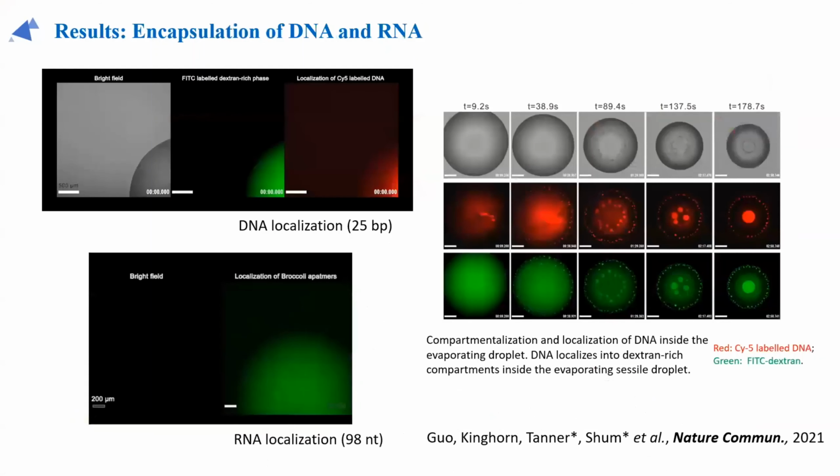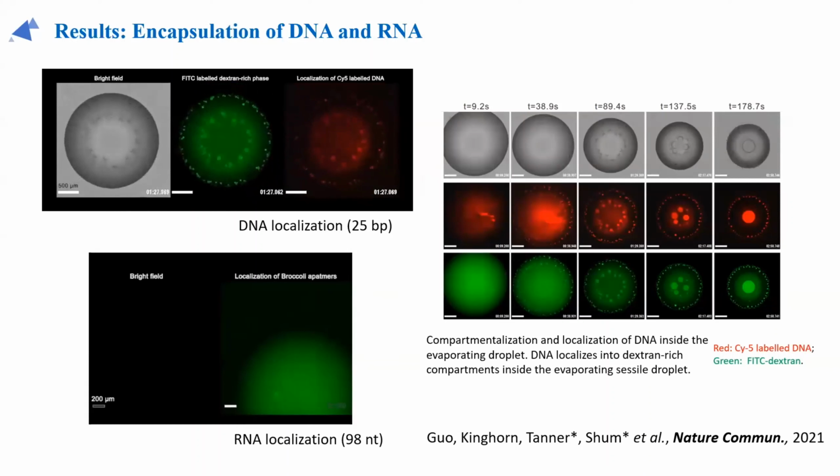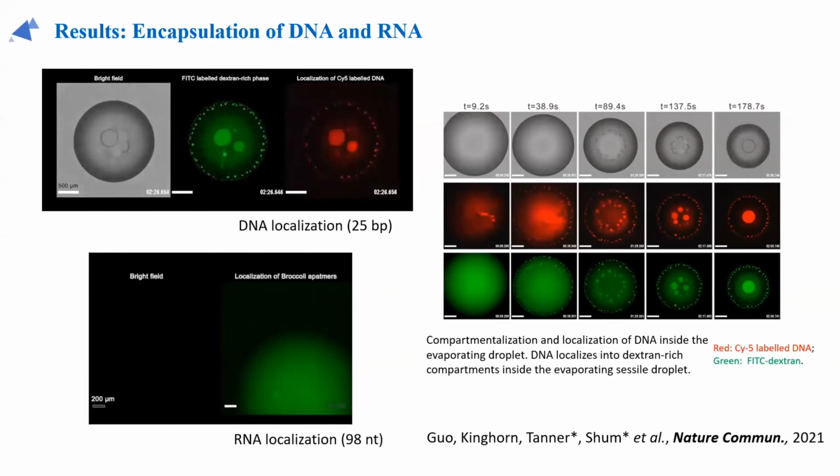And this is an approach that can be used to encapsulate DNA and RNA, as you can see here. In the top video, we also have DNA in the environment, because when you have two immiscible aqueous phases forming, one of the aqueous phases will have a higher solubility for the DNA. So the DNA in the environment will get concentrated into that particular aqueous phase, and so you can see the denser fluorescence in these droplets.